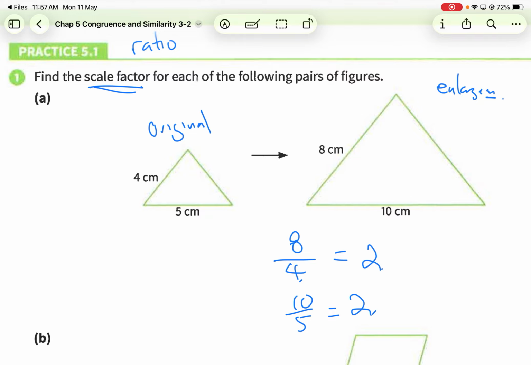So I can take any corresponding side, the image divided by the original, and I can get the scale factor. So this one is my scale factor. Okay, we also call the new one the image. This one is the original, this one is the image.